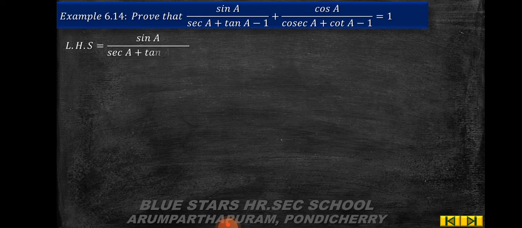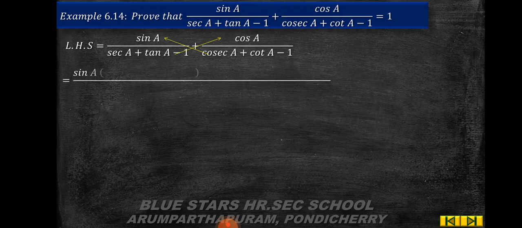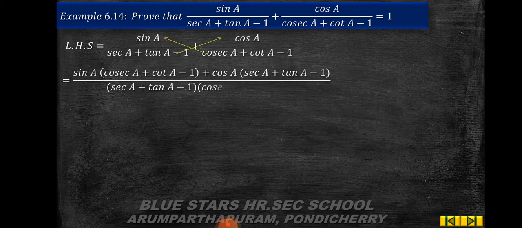Sin A by secant A plus tan A minus 1 plus cos A divided by cosecant A plus cot A minus 1. The next step is cross multiplication. So sin A into cosecant A plus cot A minus 1 plus cos A into secant A plus tan A minus 1, the whole thing divided by secant A plus tan A minus 1 into cosecant A plus cot A minus 1.